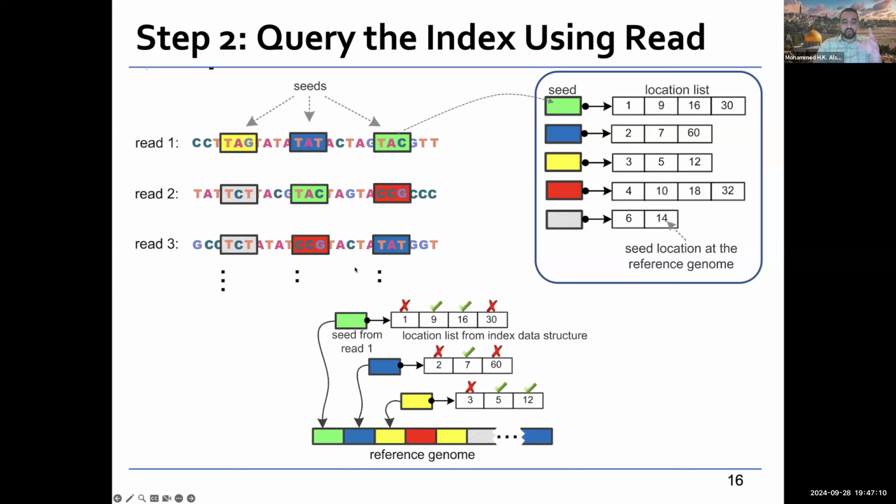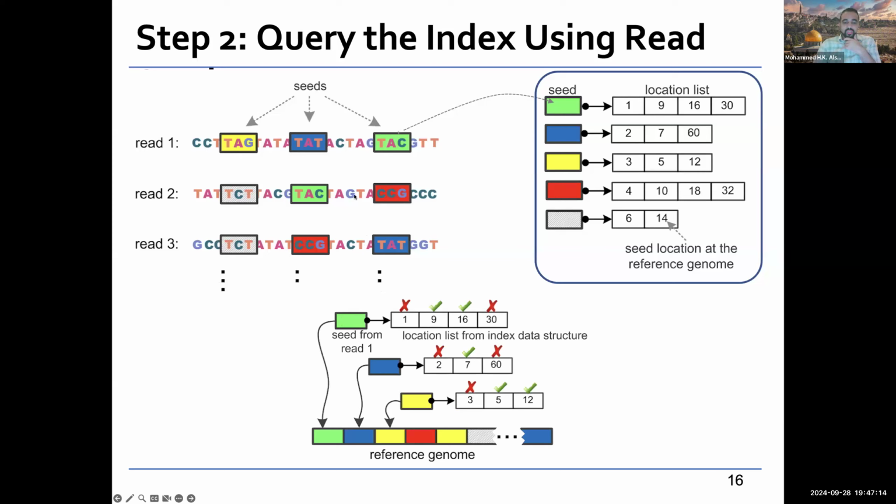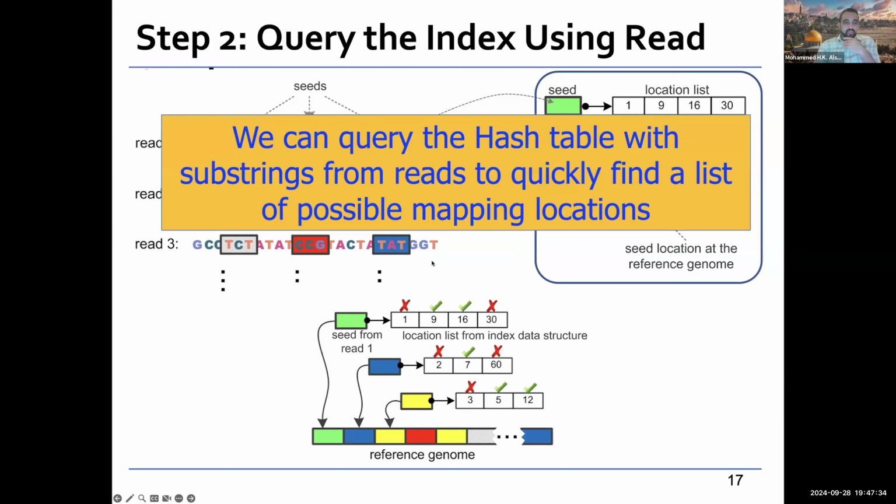That means we made sure that the green square and the other green square exist in both the read and the reference genome, and the same for the blue and the yellow. And therefore, we have never yet checked the characters between the seeds, whether they also match with what we have between the two seeds in the reference genome or not. That's why we need the next step.